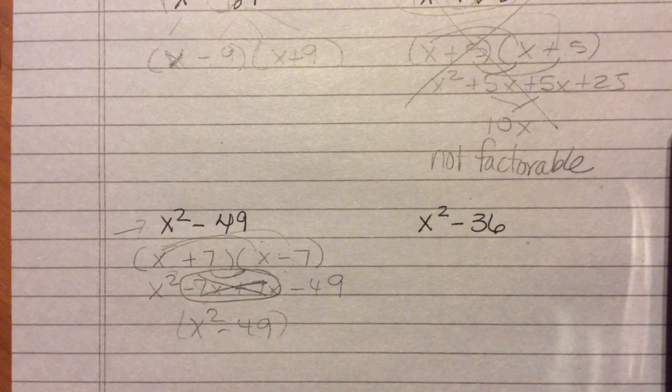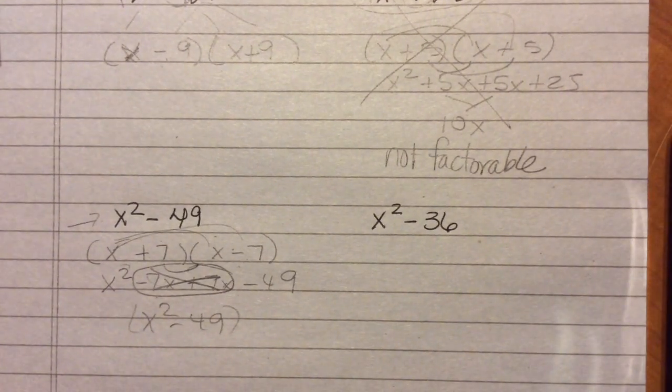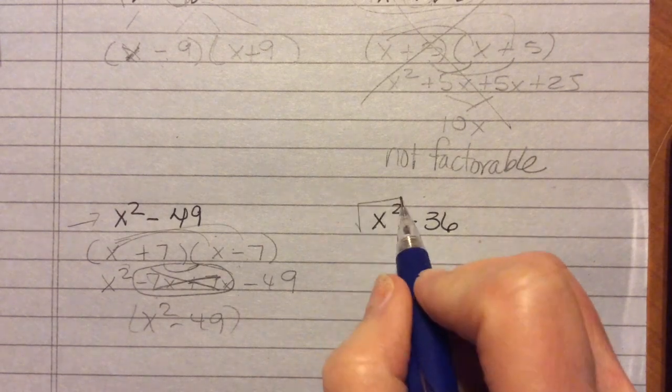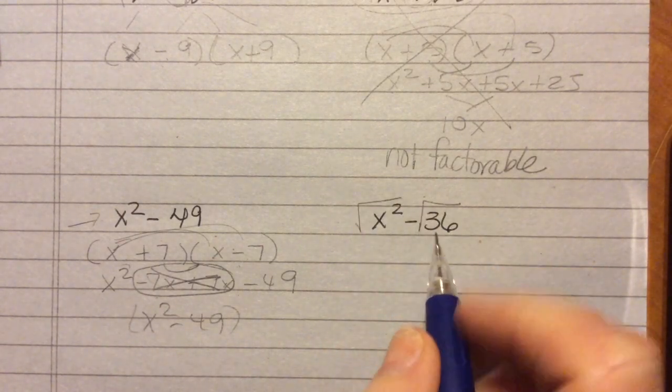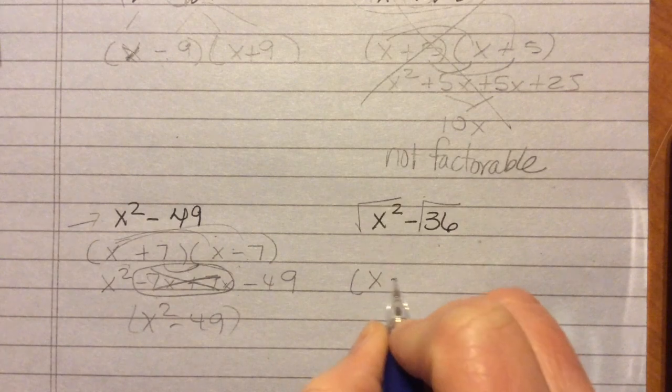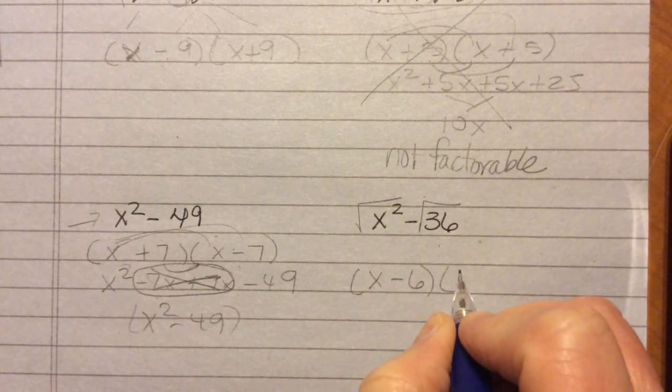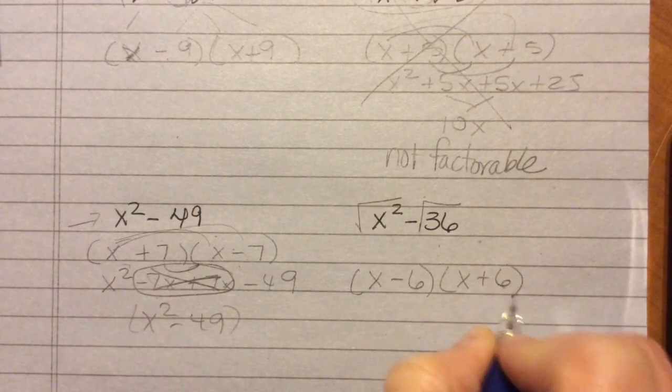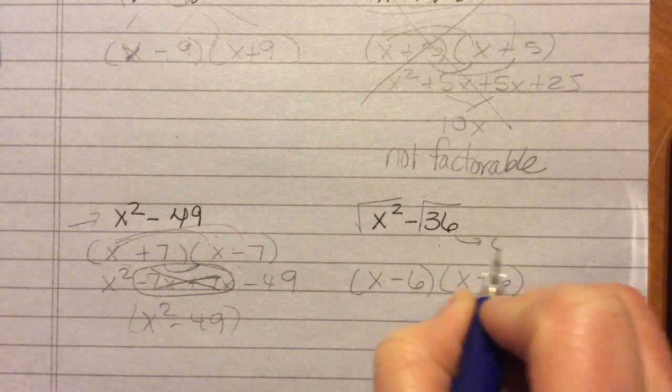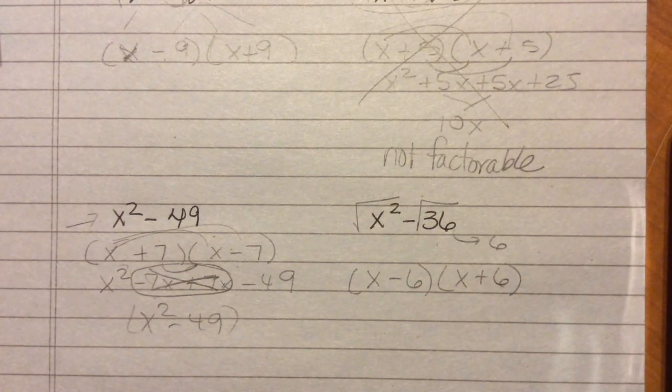All right, so let's take a look at this one. Same thing. We already know 36 is 6, so it's an x minus 6 and an x plus 6, because the square root of 36 is 6. Once again, doesn't matter if this is negative or positive, as long as one's negative, one's positive.